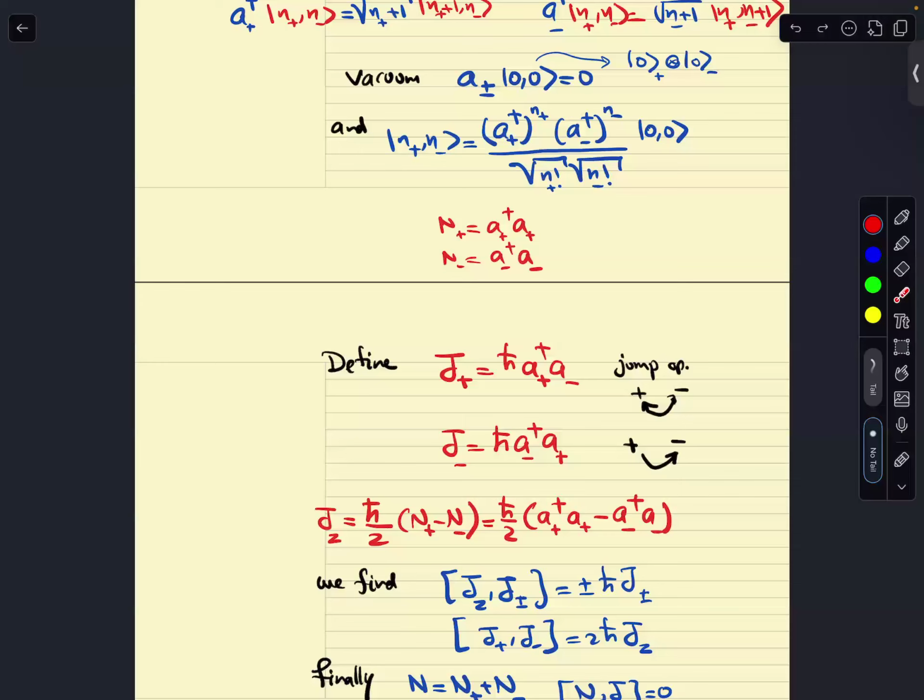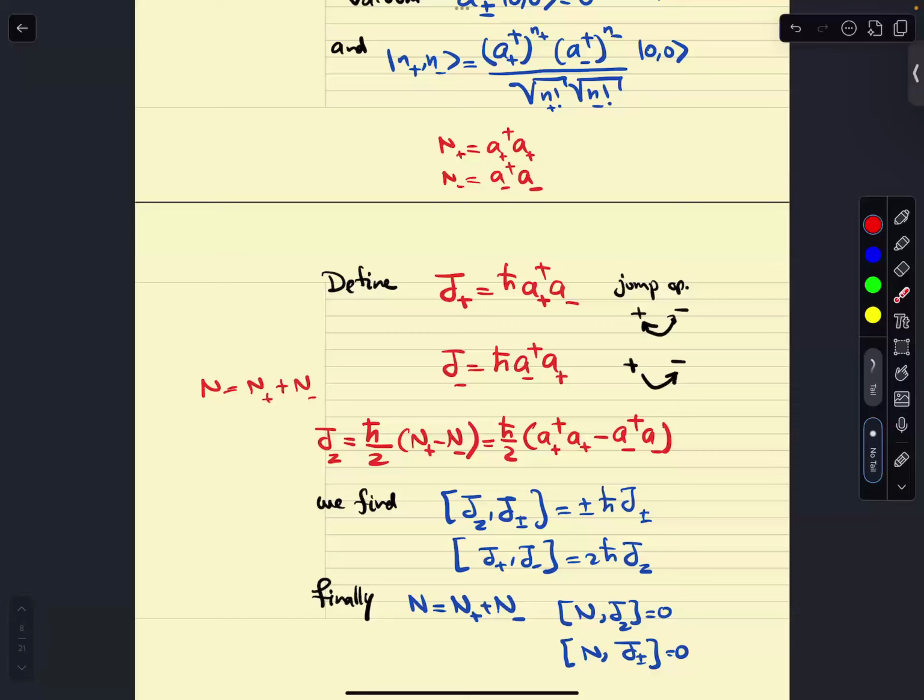One is the total excitation number, n plus plus n minus. And then we have the difference between the two, divided by h bar, which is the difference between n plus and n minus over 2. This plays the role of the z component of angular momentum.